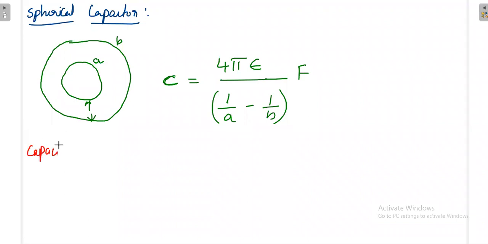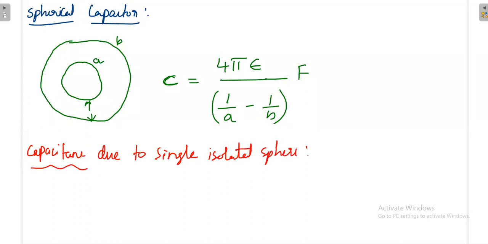Say only this structure alone is there. Now what is the charge energy that you can store in this structure?